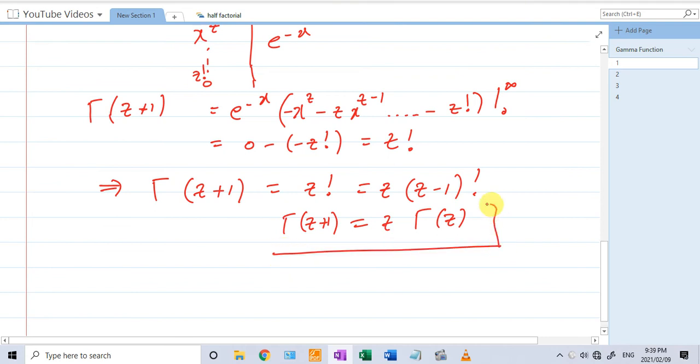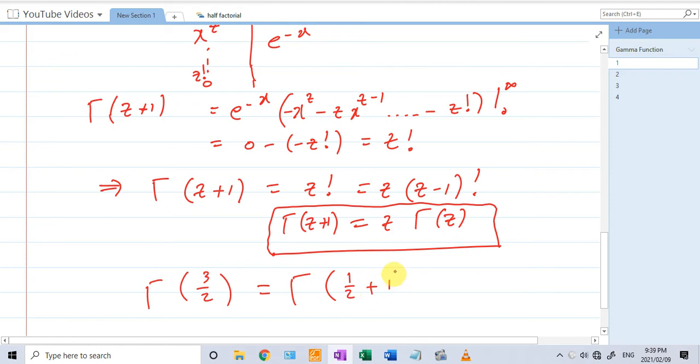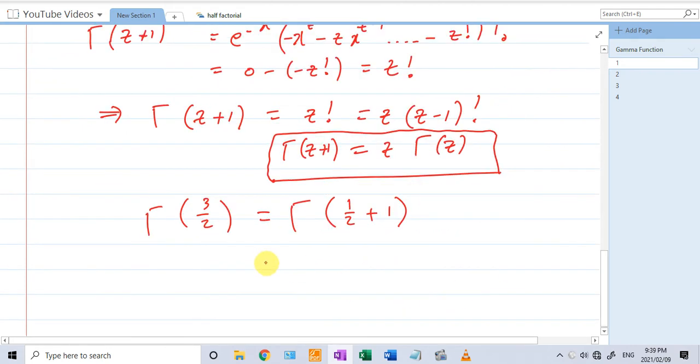This result here is very important because we are going to use it to find gamma 3 over 2. Now gamma 3 over 2 is actually gamma of half plus 1, which is equal to half gamma half.